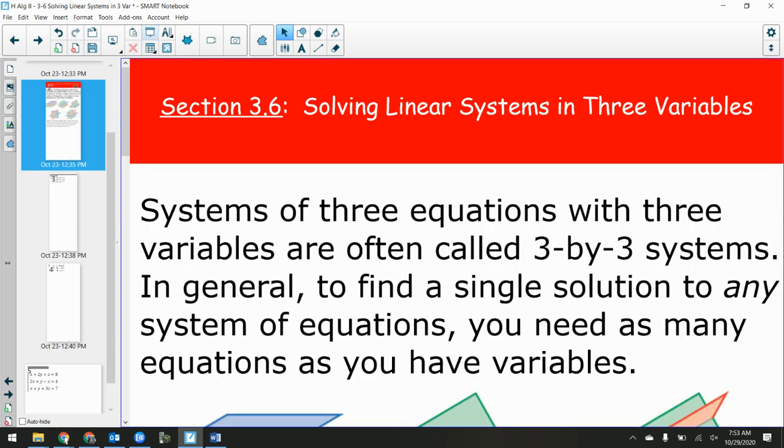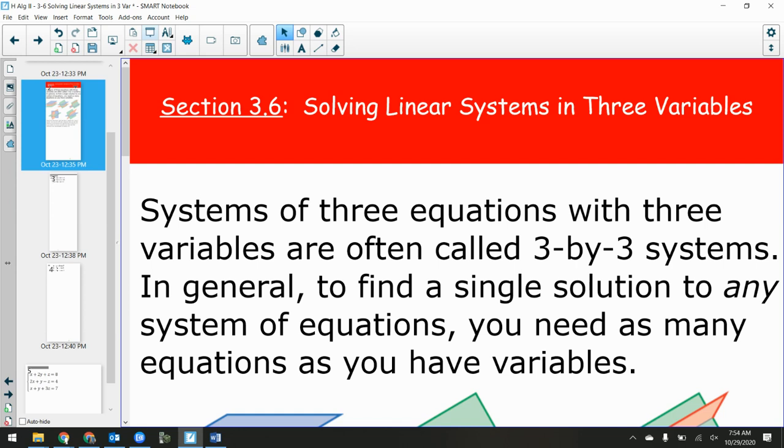Now, you don't have to write this stuff down. I just want to preface the algebra with what this looks like graphically. Systems of 3 equations with 3 variables are usually called 3x3 systems. In general, to find a solution to any system of equations, you need as many variables as you have equations.